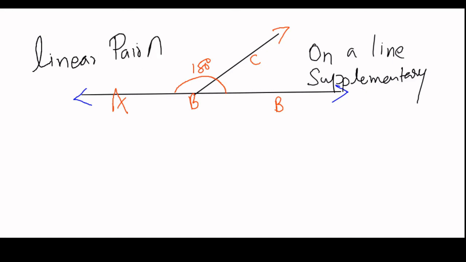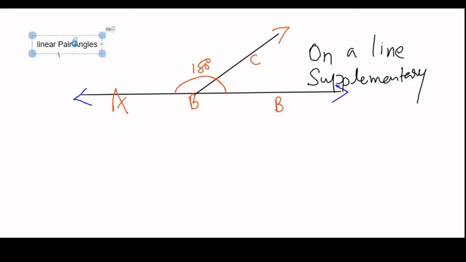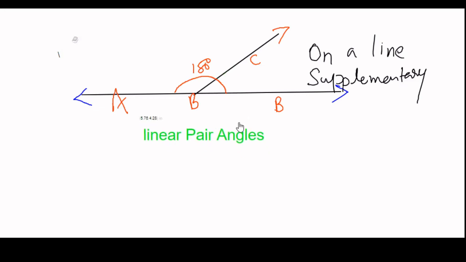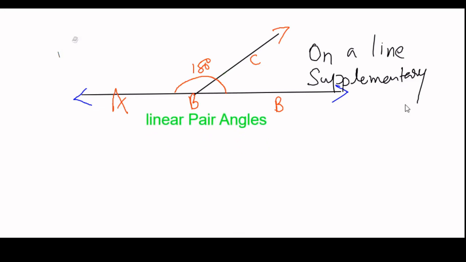linear pair angles. Linear pair means a pair of angles on a line. Here in this case, the linear pair of angles are supplementary. That is what is already known to you. Linear pair angles are supplementary because on a line we know that the angle will always be 180 degrees at any point on the line.